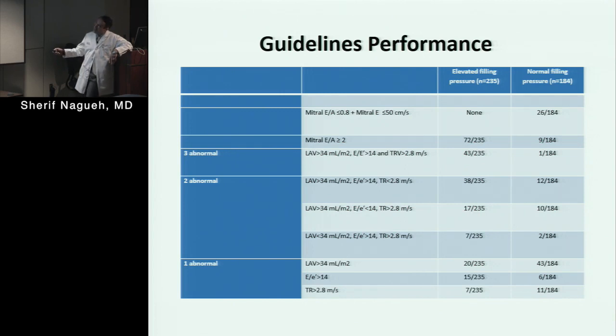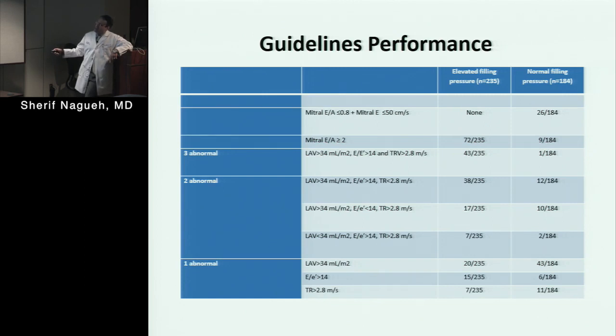Of those with elevated filling pressures, 72 were correctly classified just based on the mitral inflow. If you remember the guidelines, this is where the assessment arrives at a conclusion, a stopping point. However, 9 of the 184 cases also had that finding. 9 of the normal filling pressures.